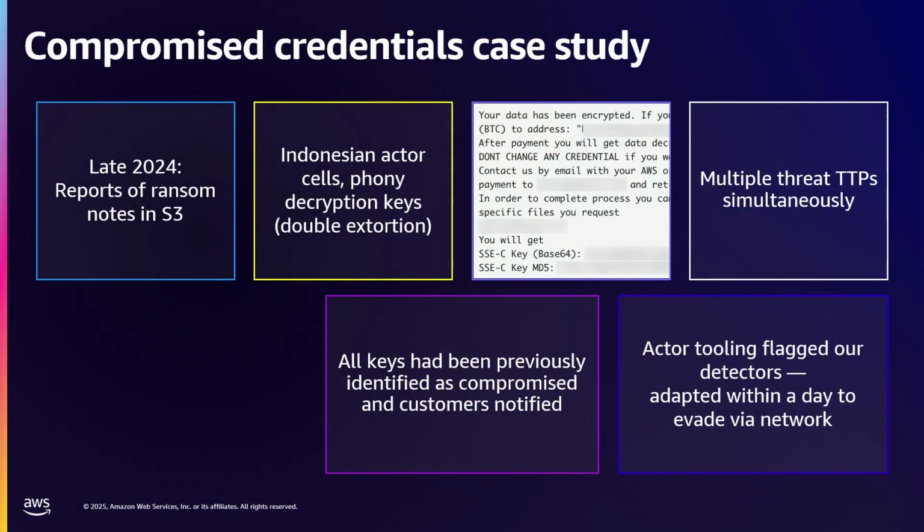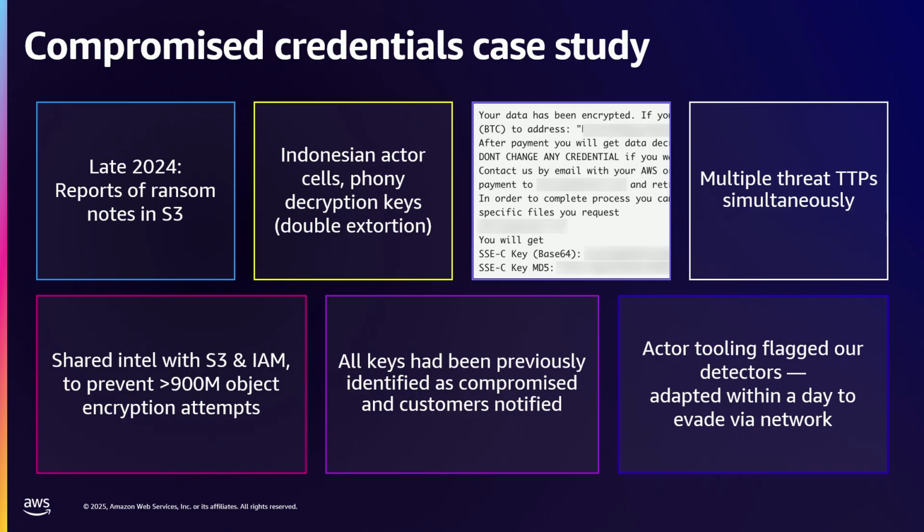So we had to adapt as well. It turned out to be an Indonesian-based actor cell, and adding to the frustration, in some cases we heard reports that they were running a double extortion scam where the encryption keys customers paid for don't even work, and then you find out they want more to give you the real decryption key. So again, not a good story to go through.